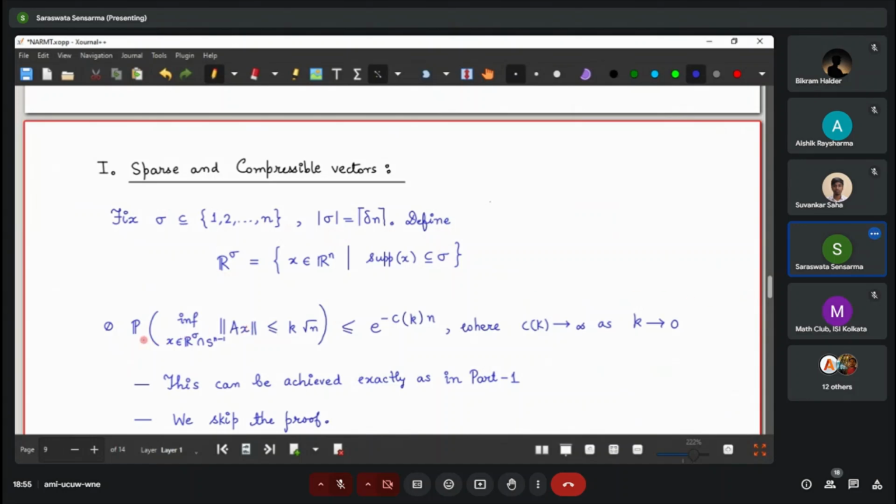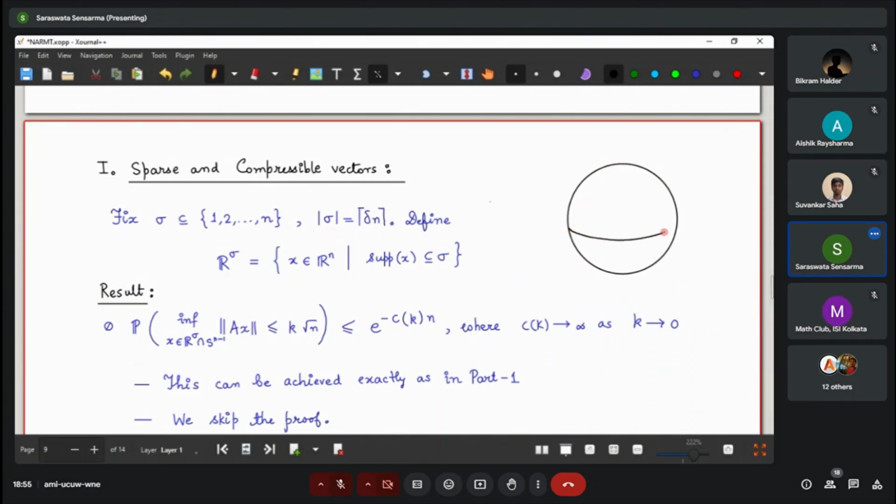Now, using the methods that we used in the previous part, one can show this result for such sparse vectors if you are only taking an infimum over this set R sigma. If you have a sphere, this thing, R sigma intersected with S^(n-1), looks like maybe an equator, depending on the dimension, with such an infimum.